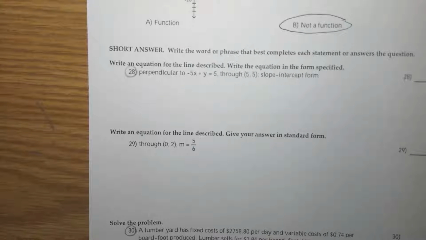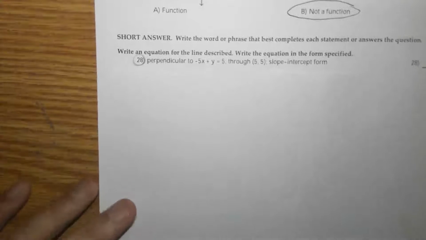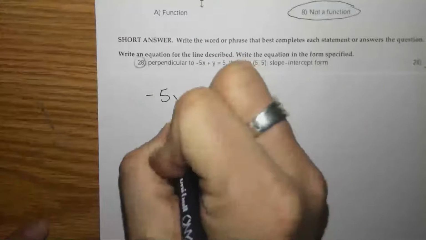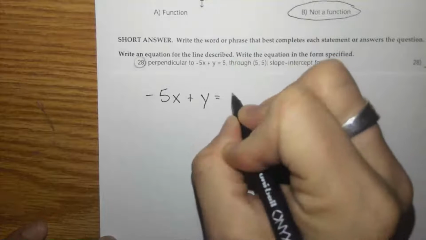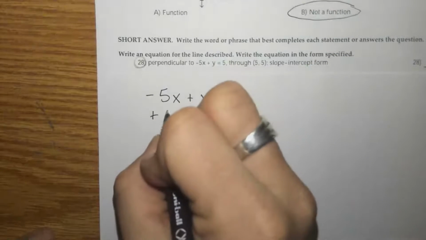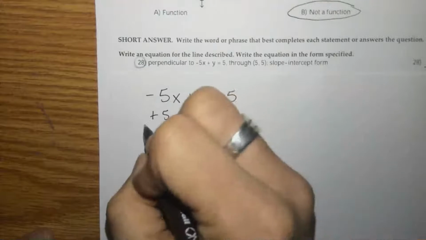Now we have a perpendicular to 5x plus y equals 5. Okay, so we're going to take this equation that they gave us and put it in slope-intercept form. So we're going to add 5x here, add 5x here. That cancels.